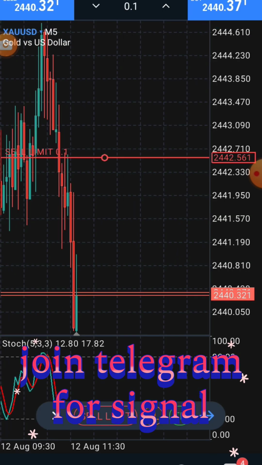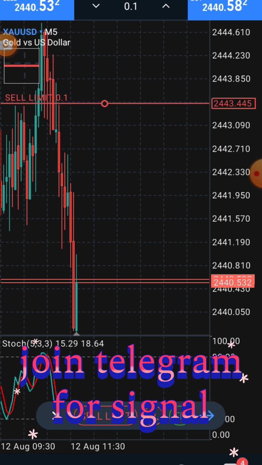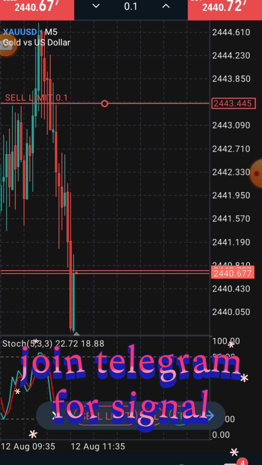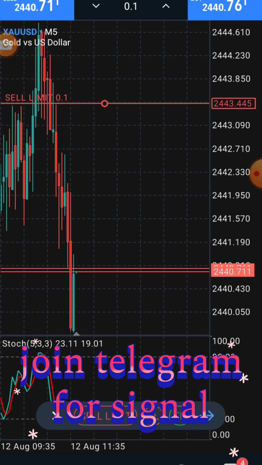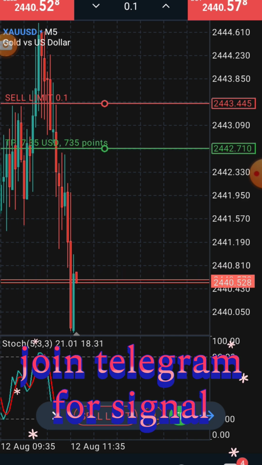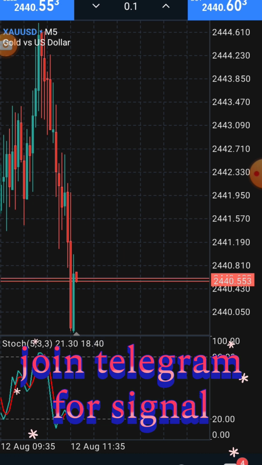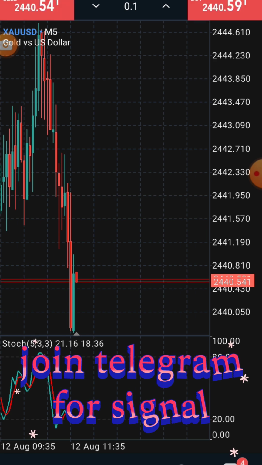So let's see, if you place a sell limit here and the market moved here. Before that, let's close it. If the pip is changing, what is the effect on lot size?